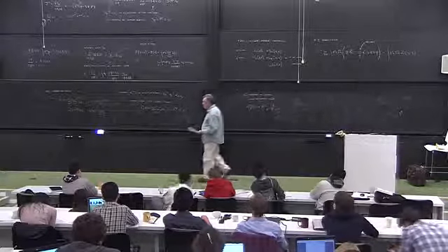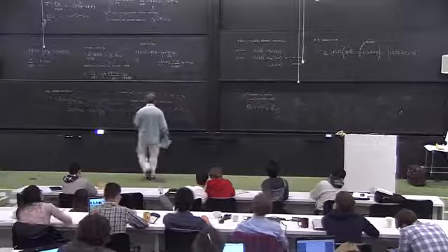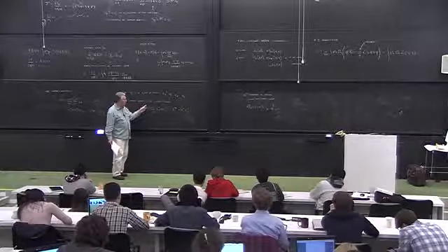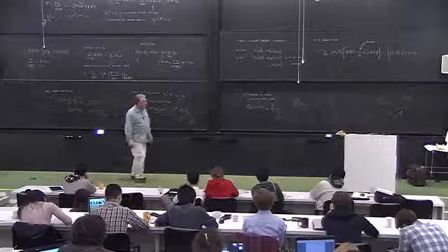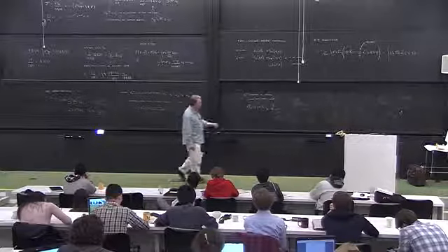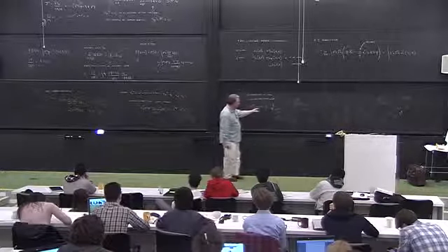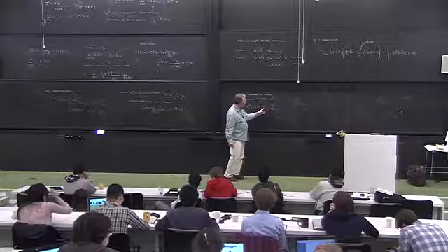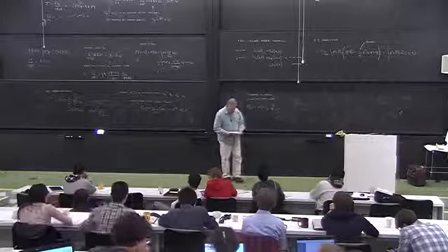So this has two kinds of transformation rule. It transforms as a vector that we're familiar with under general coordinate transformations, but it transforms as a flat space vector, sort of, under Lorentz transformations.